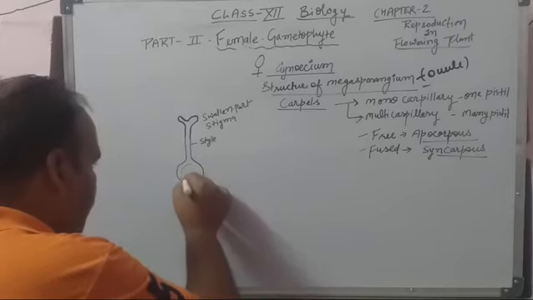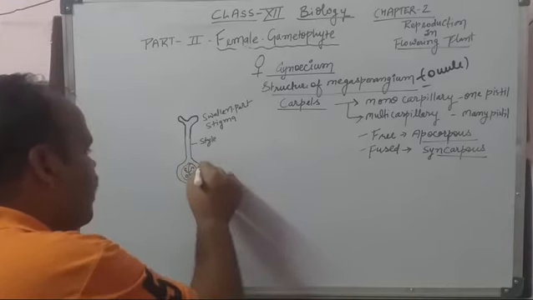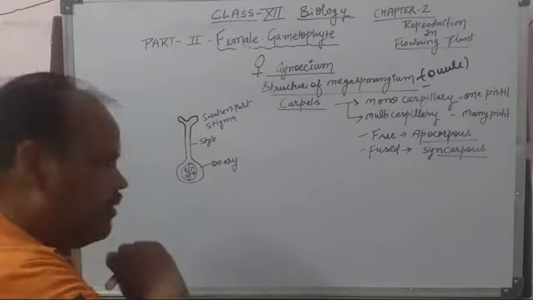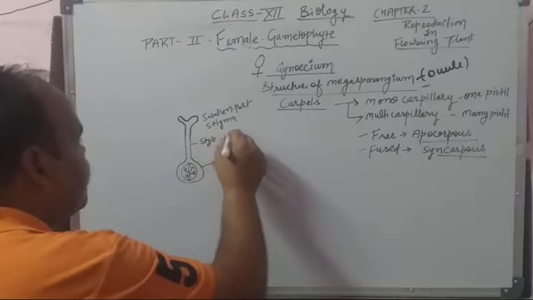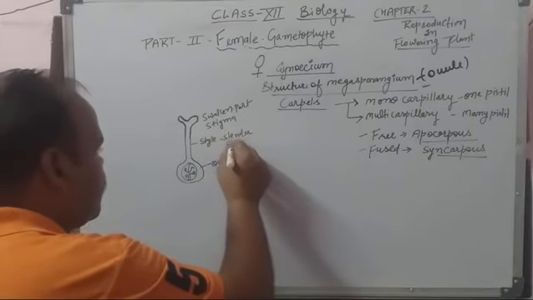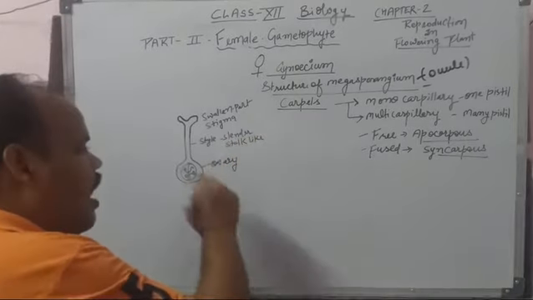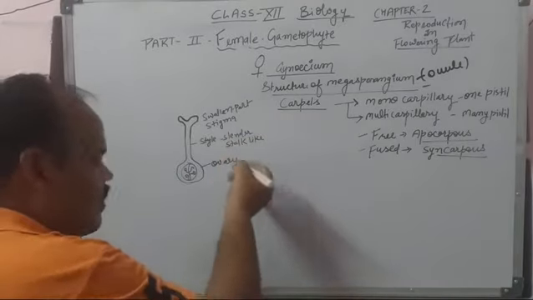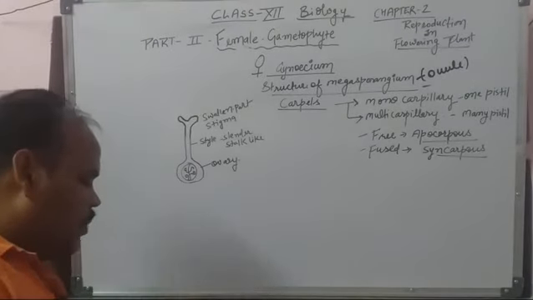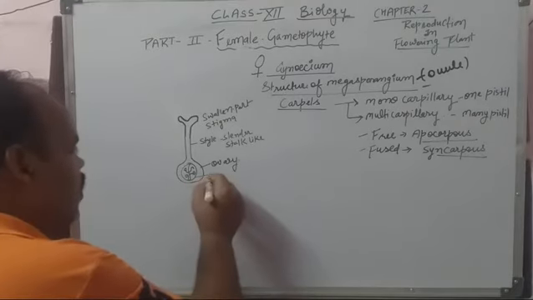Now the next part is called the ovary. It is a big part at the base of the style, and it contains the ovules.